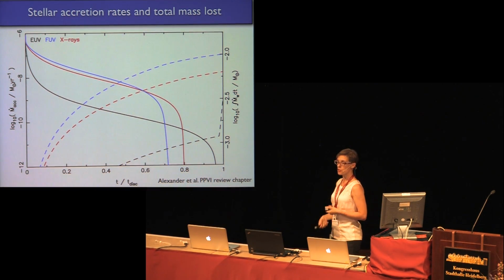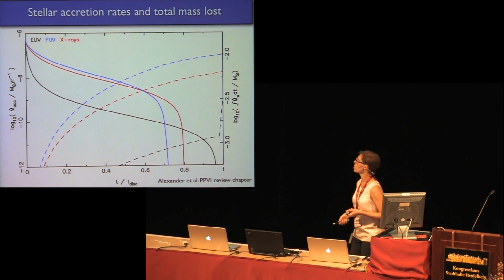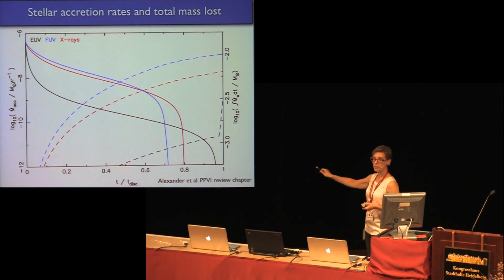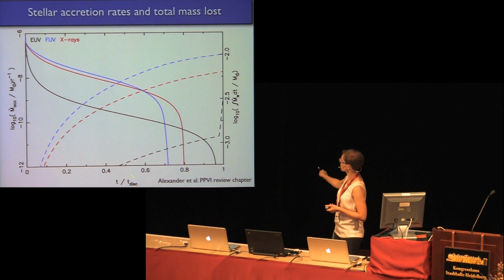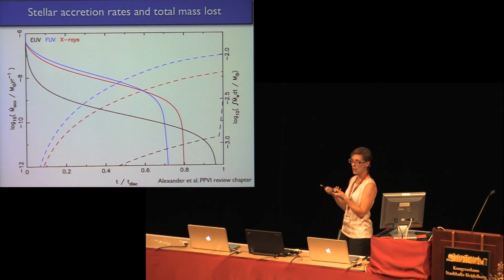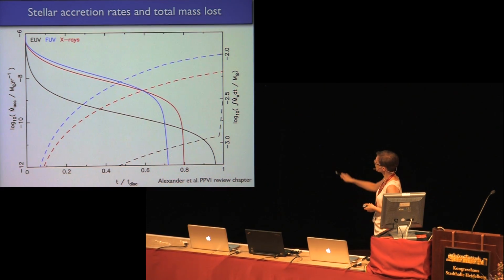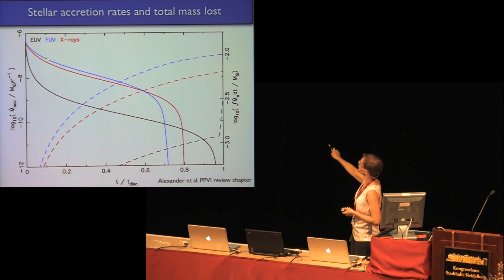Another difference, which I think is important for observers, is the evolution of the mass accretion rate as a function of time. And this is always normalized to the disk lifetime to better compare the models. This is shown in solid lines. So what you see here is that initially the mass accretion rate is decreasing smoothly with time.